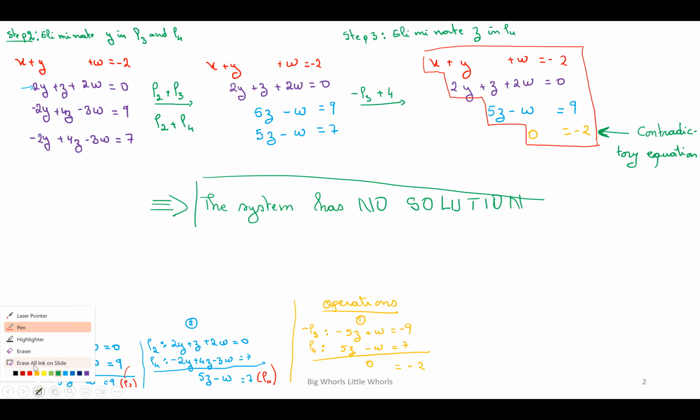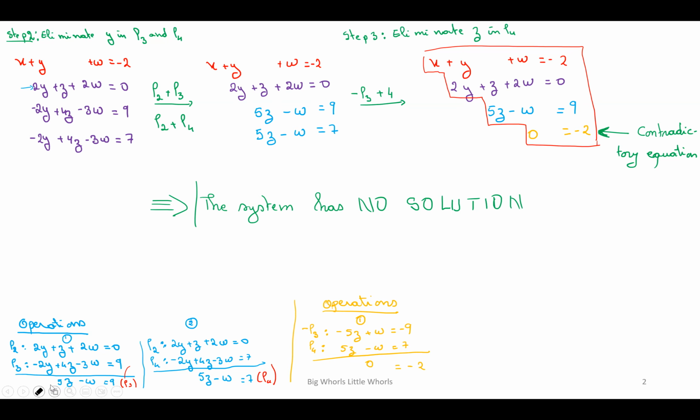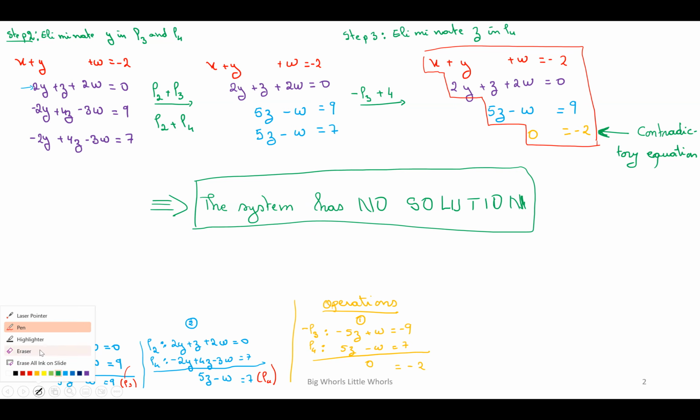So the system has no solution. This is the end of this first question. This is how we recognize if a system has no solution.